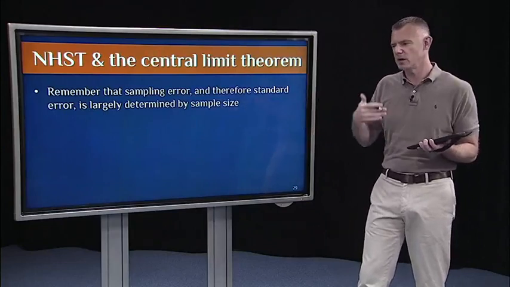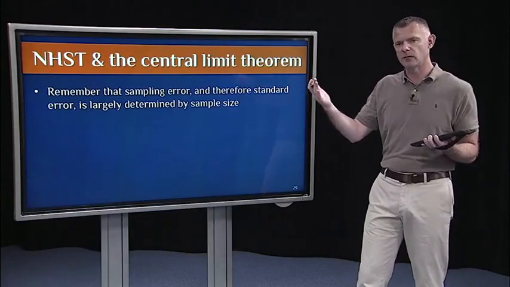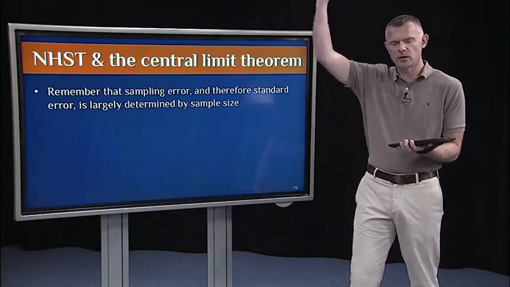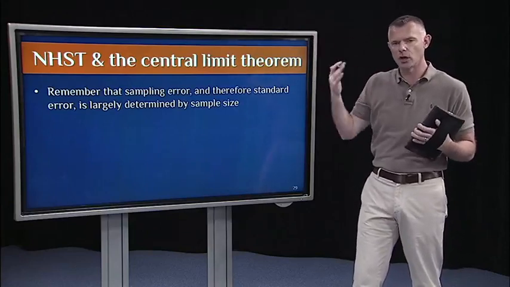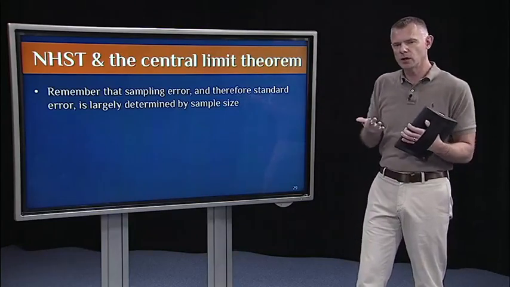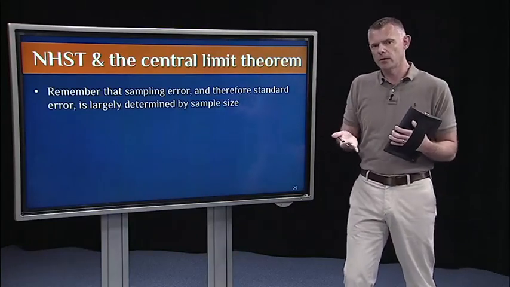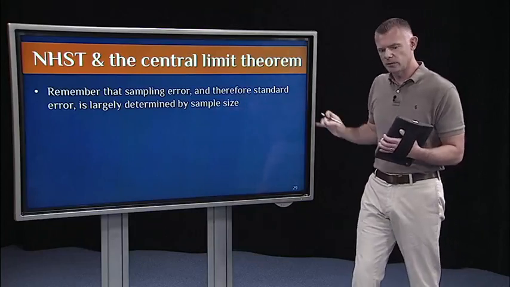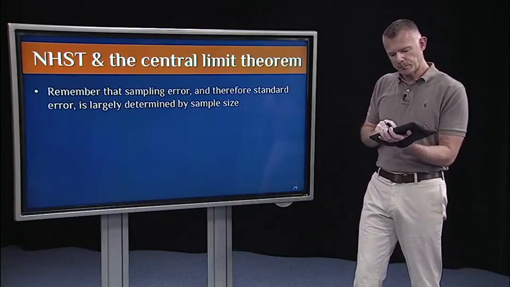Right? And this should just be conceptually easy to wrap your head around. If I have small samples relative to large populations, I'm going to have a large degree of sampling error. It's also right there in the math. So again, sampling error is largely determined by sample size.